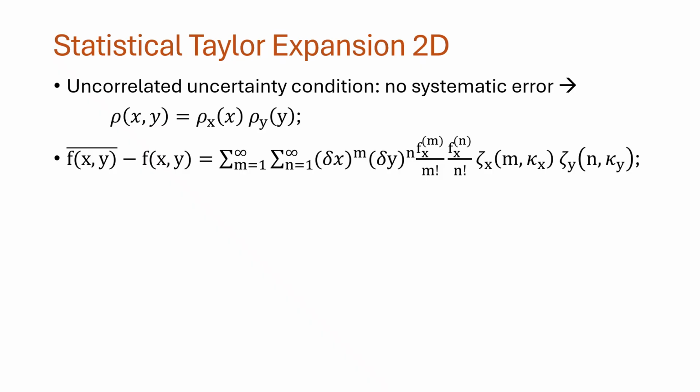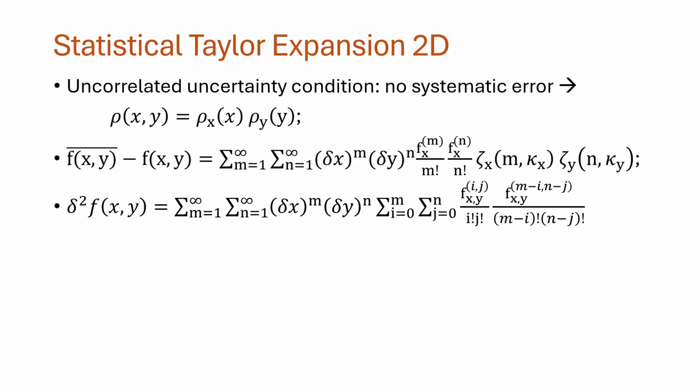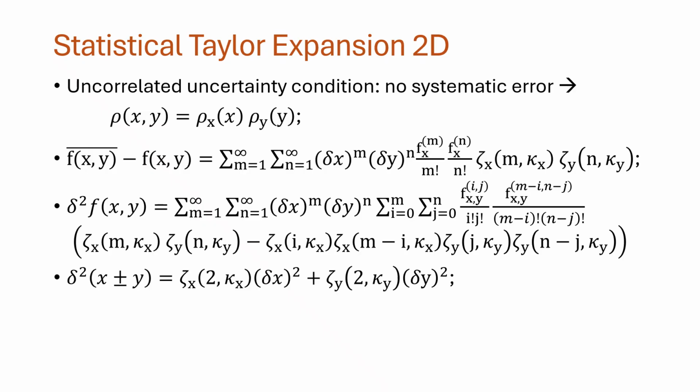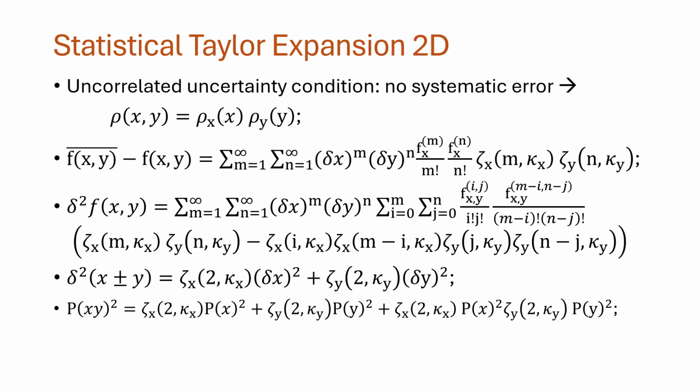Using this formula, we can calculate uncertainty bias as well as the variance of the result. We'll focus on the result variance. For example, for addition using this simple formula, and for product using this simple formula.